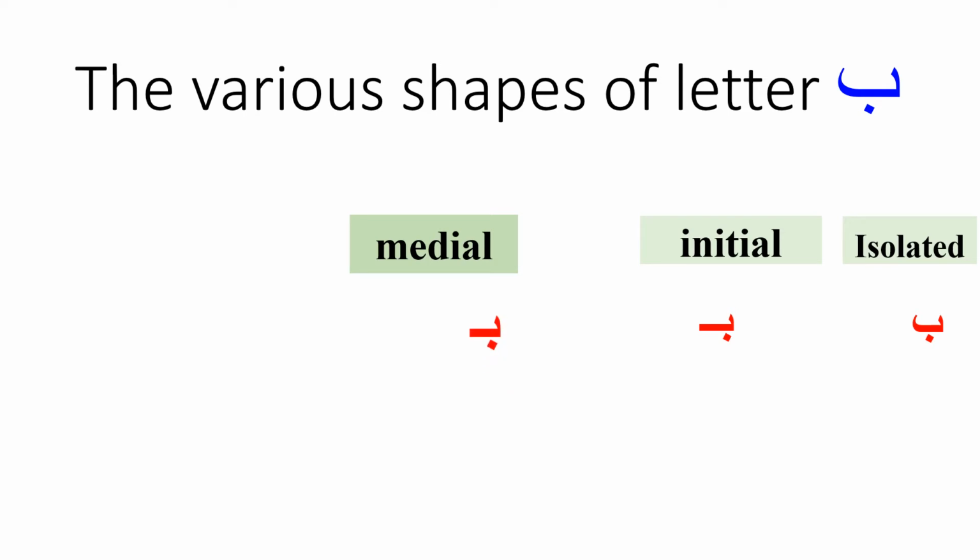This is the first one, and this is the second one. In the final shape, it can also have two shapes. That is the first one, and that is the second one. So we will study these shapes with examples and study how they connect with a following and a preceding letter. But this also depends on whether the following letter or the preceding letter accept the connection.